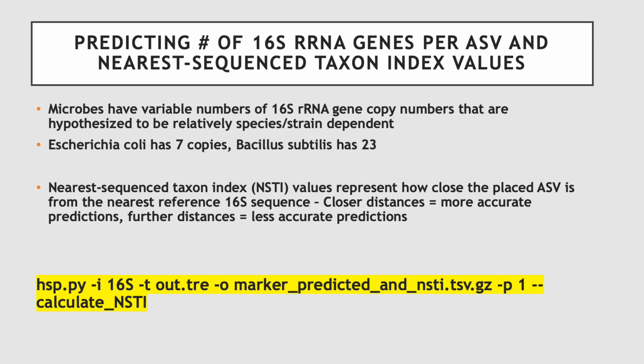Another thing that we need to account for is how close the ASV is to the actual reference 16S sequence. And so we're going to calculate this nearest sequence taxon index value, where the closer the distances are, the more accurate the predictions are, right?